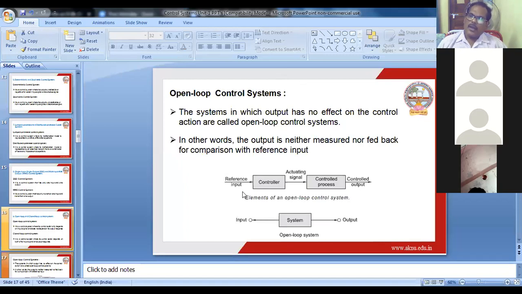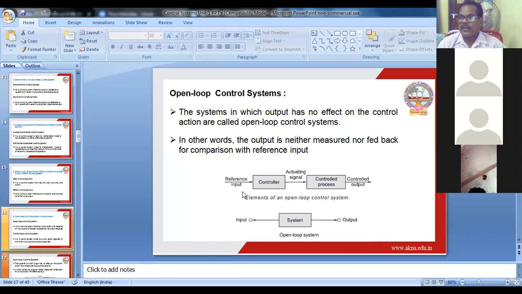For example, we consider a washing machine. A manual washing machine only performs soaking and washing of the clothes. It does not get the proper output. The proper output in the washing machine is nothing but cleanness of clothes.